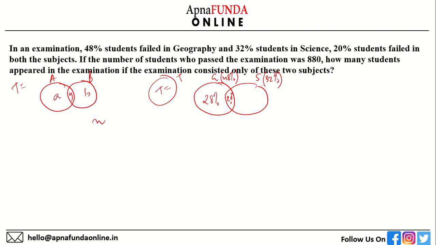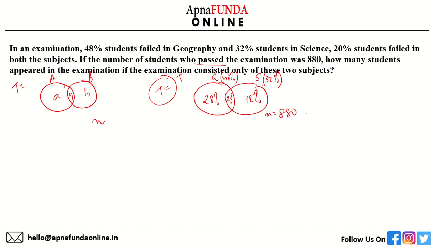Similarly, only science fail will become 32 minus 20, that is 12%. And the number of students who did not fail at all, that means the number of students who passed, is 880.